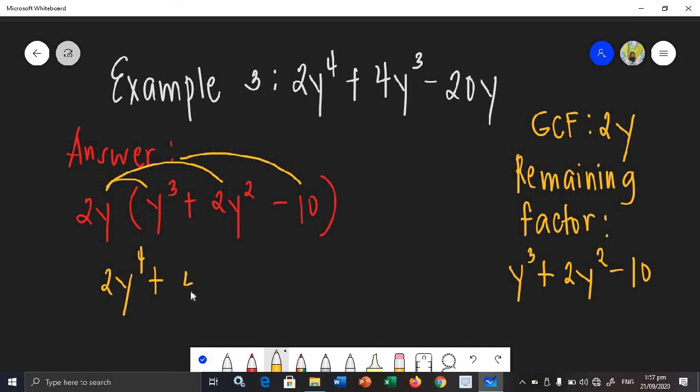The answer is 4y cubed. And then lastly, 2y times negative 10 is negative 20y. I did came up with the given. Therefore, I can conclude that the factors are correct and my answer is, or our answer is correct. So that's how you factor polynomials with a common factor.